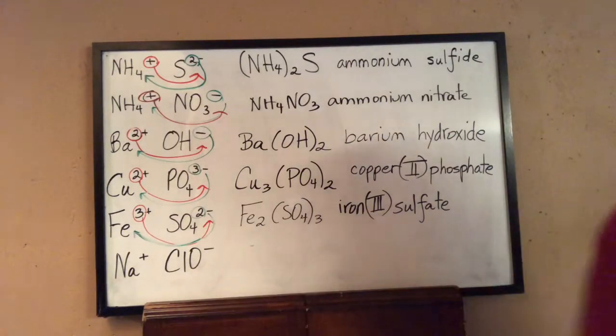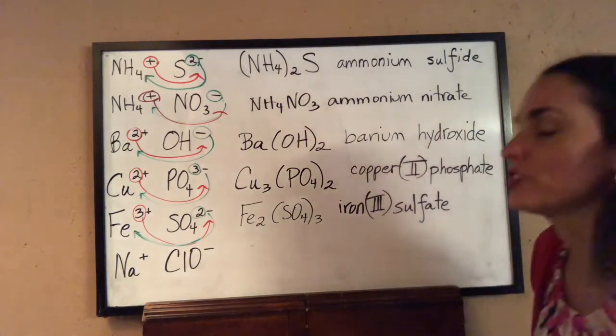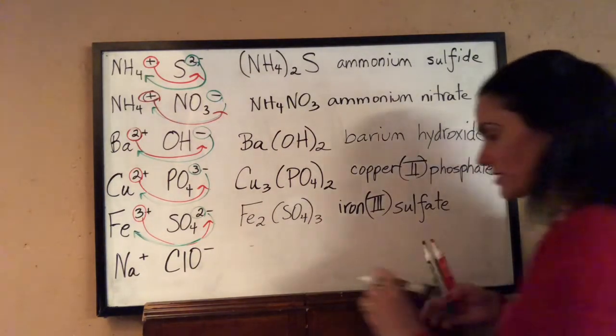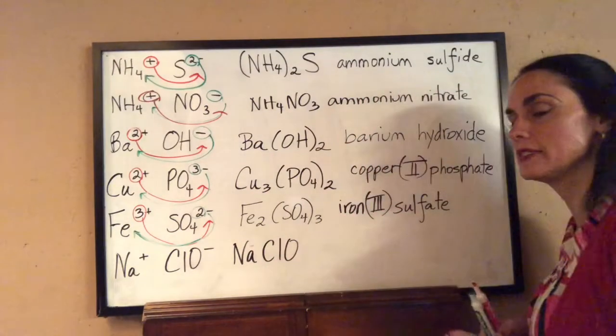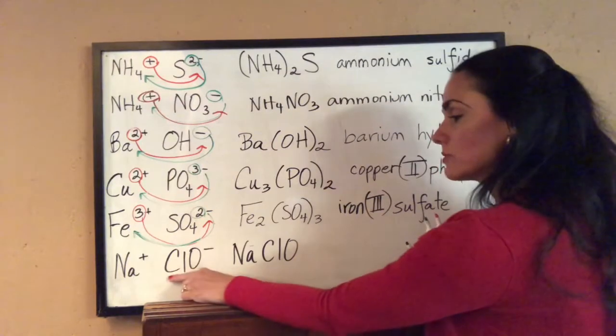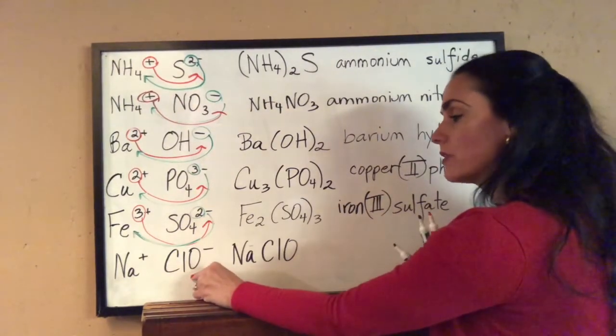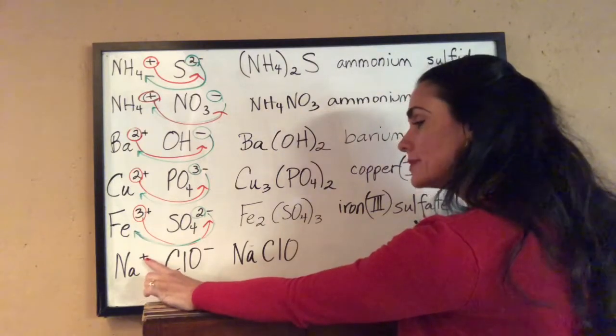Now the next one is actually the active ingredient in bleach. Let's write the formula. NaClO. No parentheses needed around this polyatomic ion right here, which is made from 1 chlorine and 1 oxygen. No parentheses needed because the charge coming from the sodium is a 1.